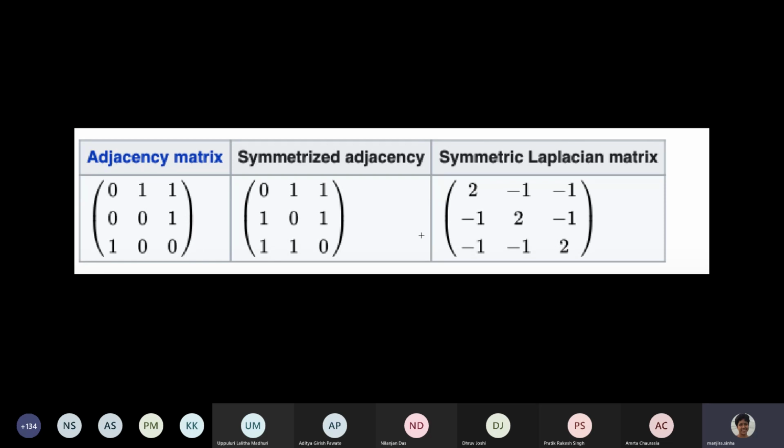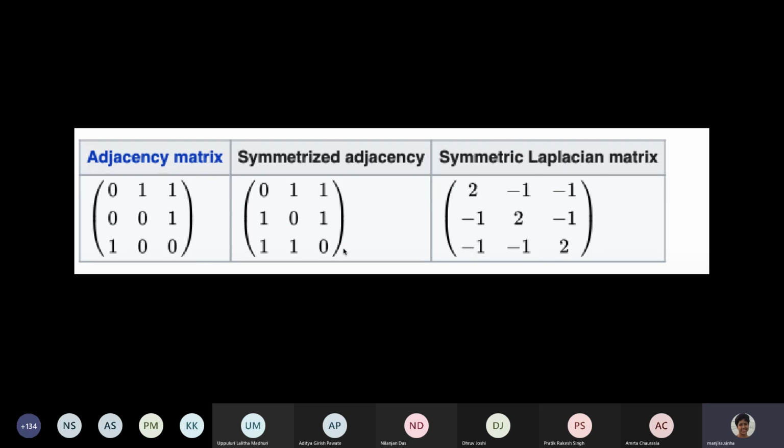I do not need to go into the mathematical details. It is done by summing up, in the Boolean sense, the adjacency matrix A and A transpose. Boolean sum is basically the OR function, right? So 1 plus 0 becomes 1. So this is just a Boolean sum. So the matrix is symmetricized, and then on top of that we apply the Laplacian transformation.